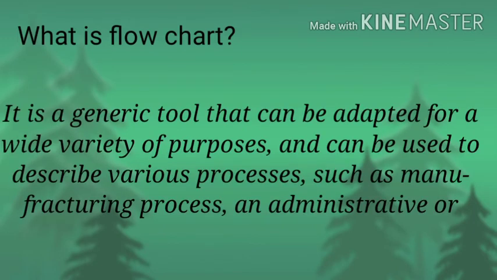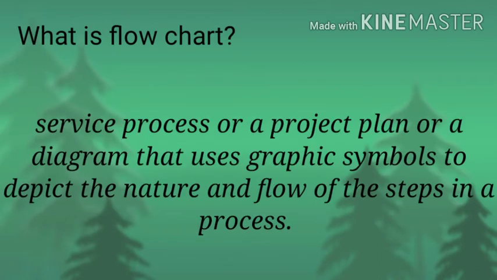It is a generic tool that can be adapted for a wide variety of purposes and can be used to describe various processes such as a manufacturing process, an administrative or service process, or a project plan. It is a diagram that uses graphic symbols to depict the nature and flow of the steps in a process.